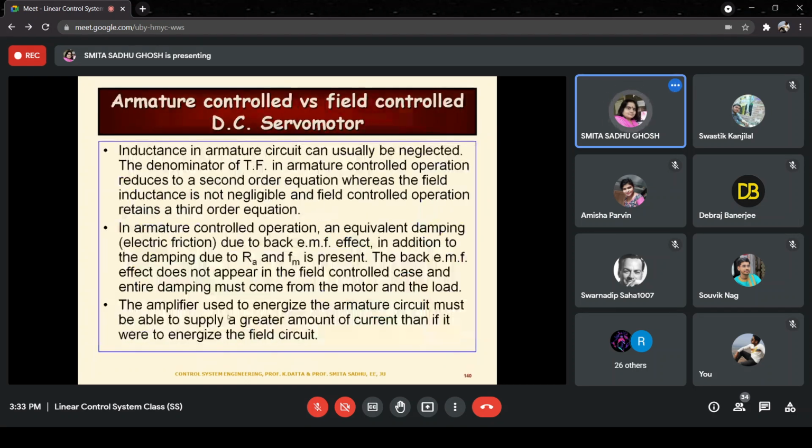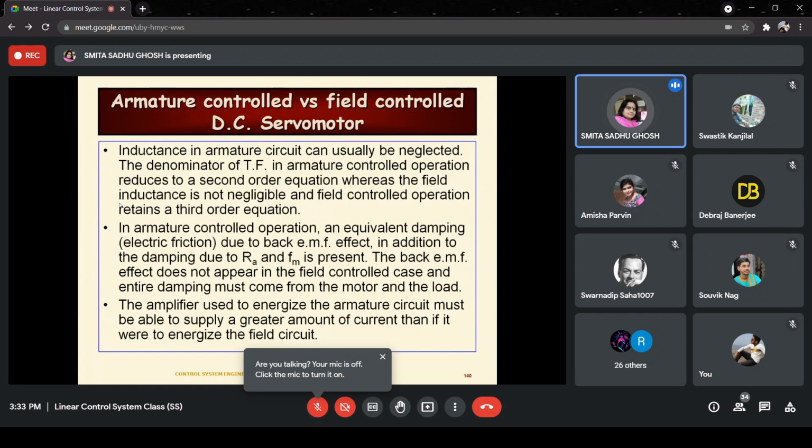Now coming to a comparison, which is going to be the last slide that I show you today, but some discussions are required. We are going to compare the armature control and the field control configurations for the DC servo motor. So we have by now derived the mathematical model, that is, the transfer function of the armature control DC servo motor and the field control DC servo motor.